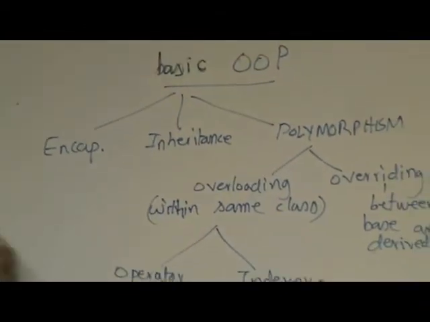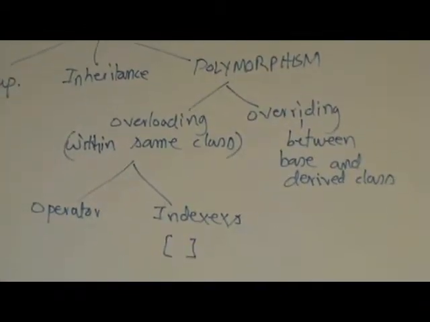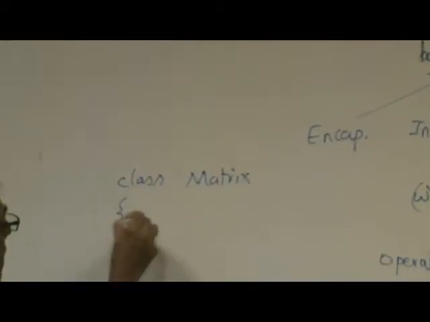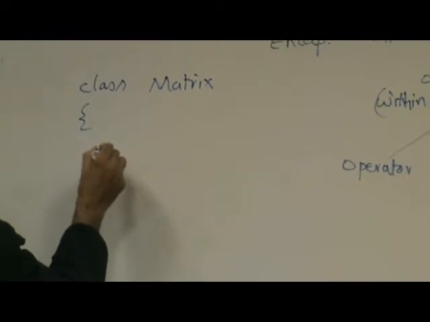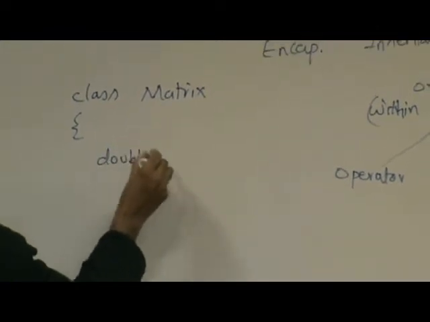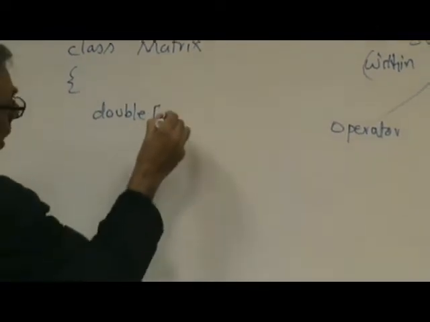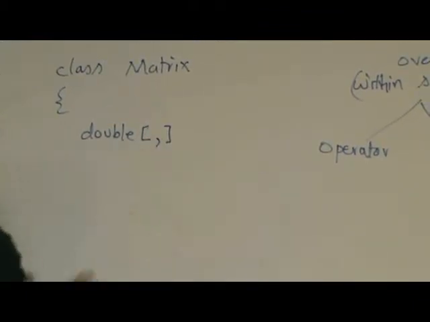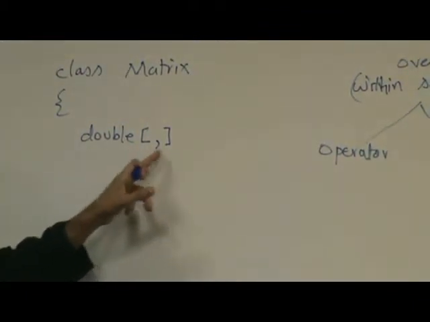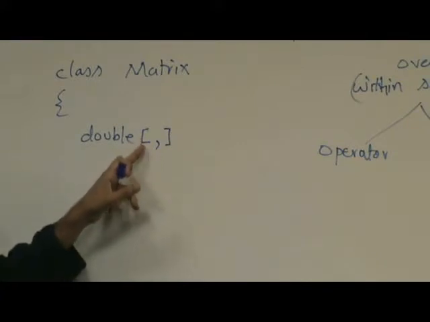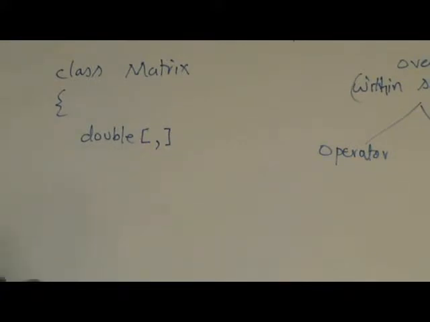A matrix is a two-dimensional structure. So in C# you will declare it, for example, double. Because it's two-dimensional, this is how we create a two-dimensional array. Left square bracket, comma, right square bracket, that means it will be a two-dimensional array.